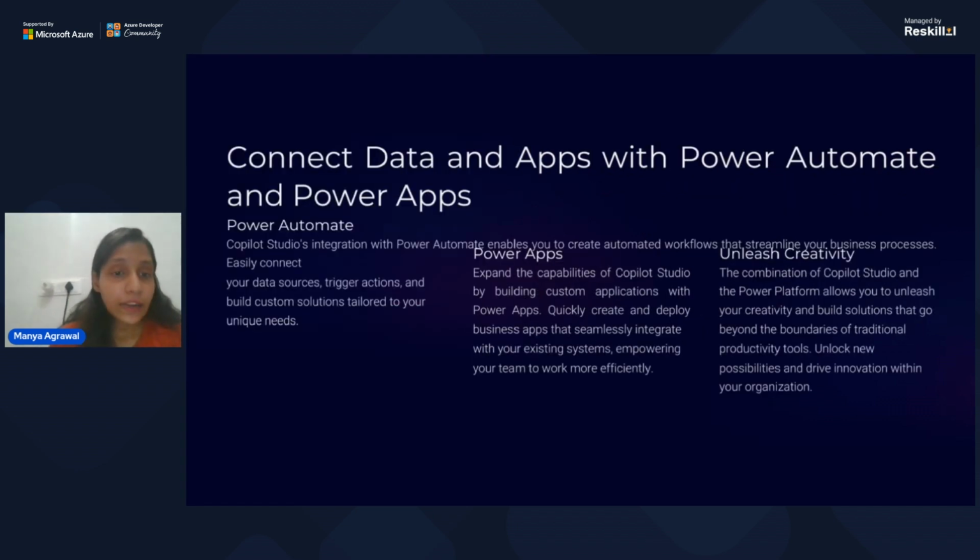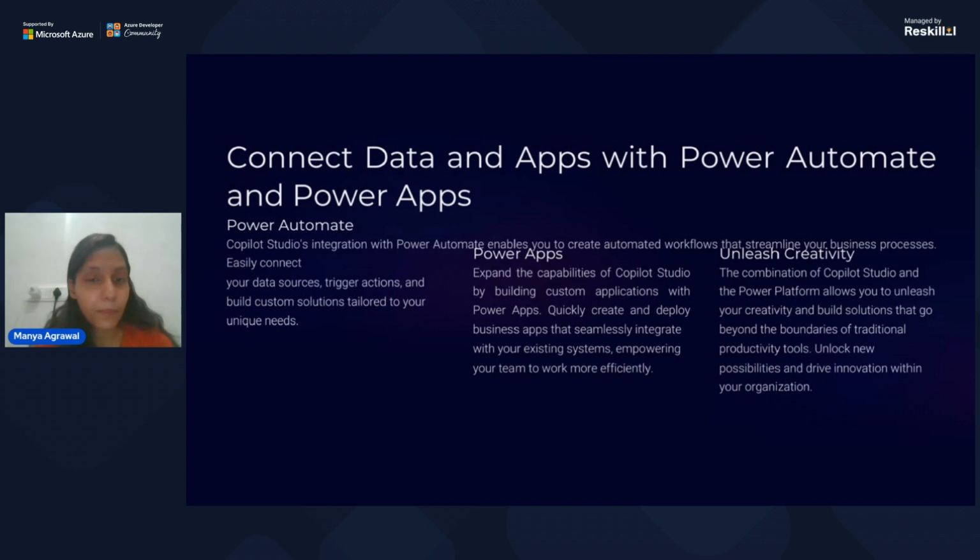Now, in the next slide, we are looking at connecting data and apps with Power Automate and Power Apps. Power Automate. What is Power Automate? Copilot Studio integration with Power Automate enables you to create automated workflows that streamline your business processes, easily connect your data sources, trigger actions, and build custom solutions tailored to your unique needs.